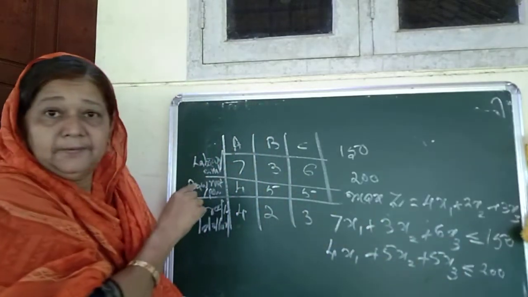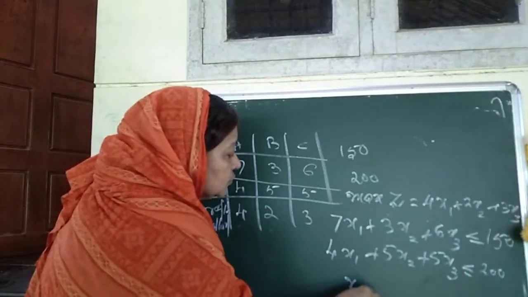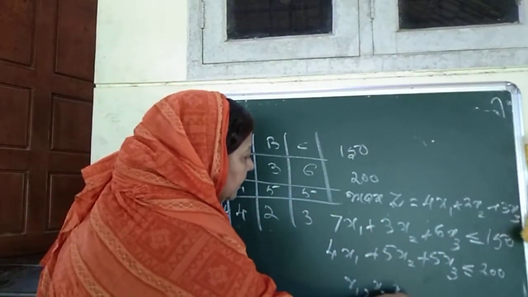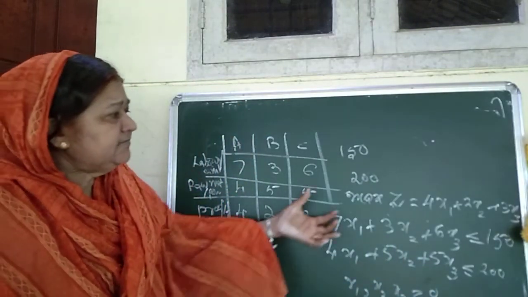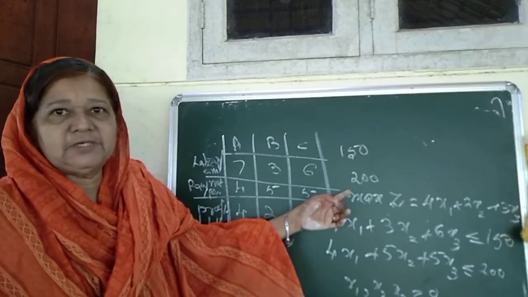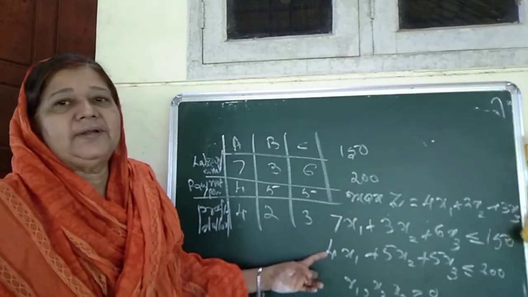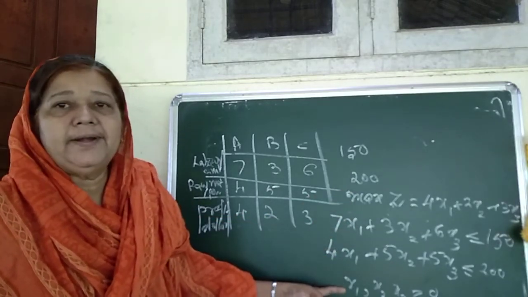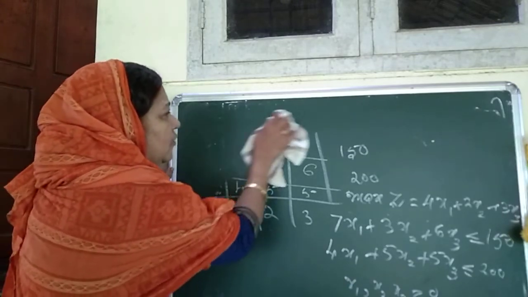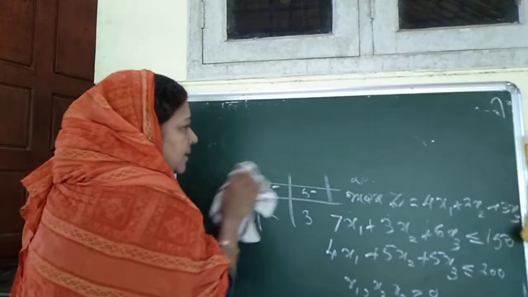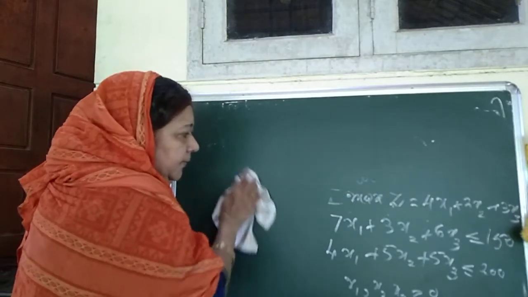Again, x1, x2, x3 should be greater than or equal to 0. The first is called the objective function, the second is called the constraints, and the third is called the non-negativity restriction. So by means of this problem, we can formulate an LPP.